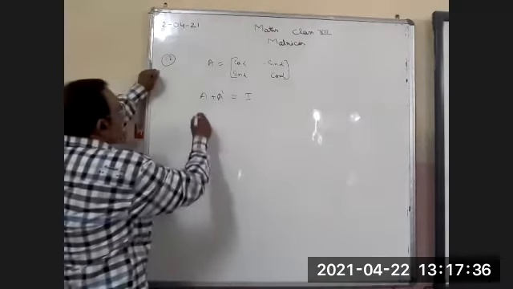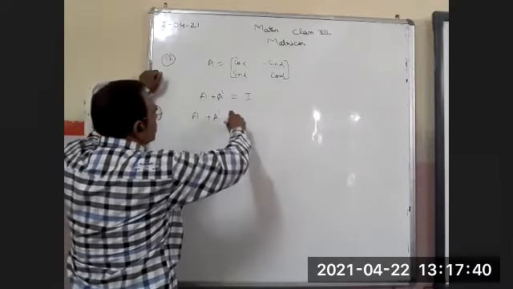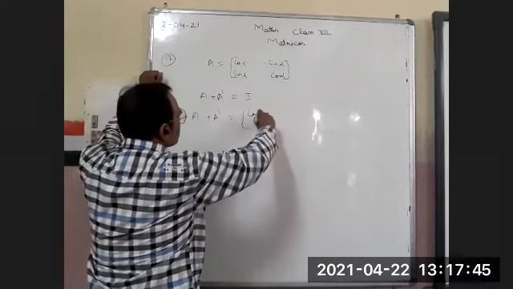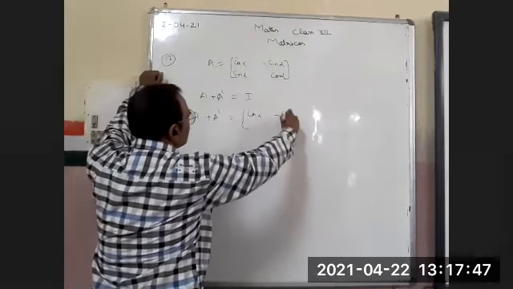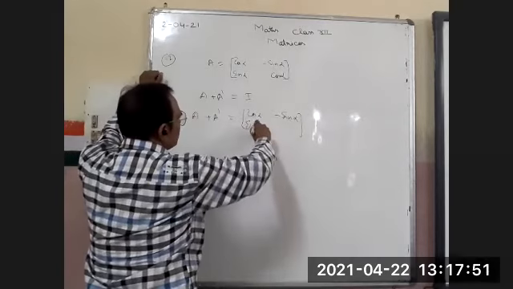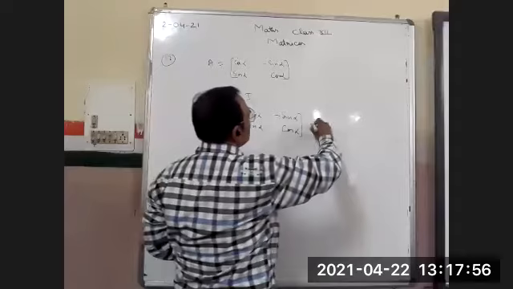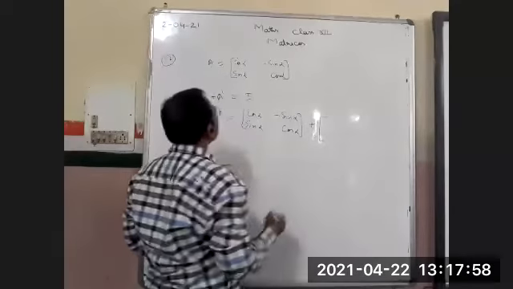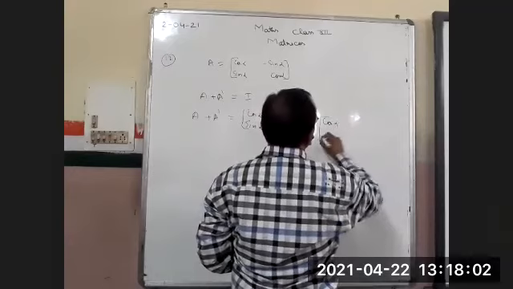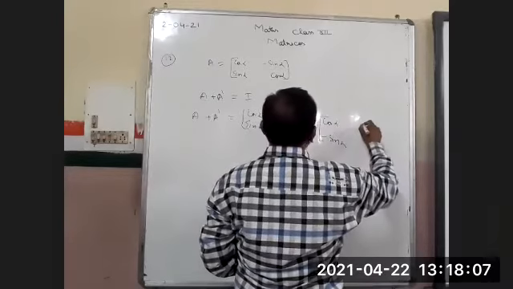So A plus transpose of A equals the matrix cos alpha, minus sin alpha, sin alpha, cos alpha, plus transpose of A, which is cos alpha, sin alpha, minus sin alpha, cos alpha.